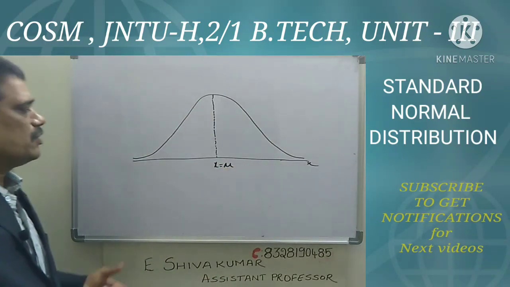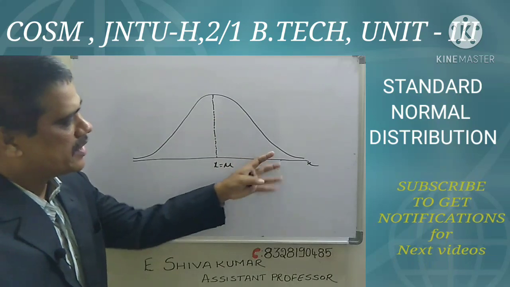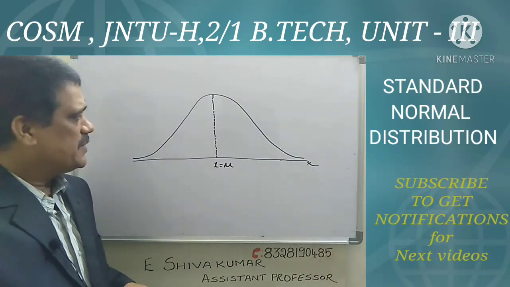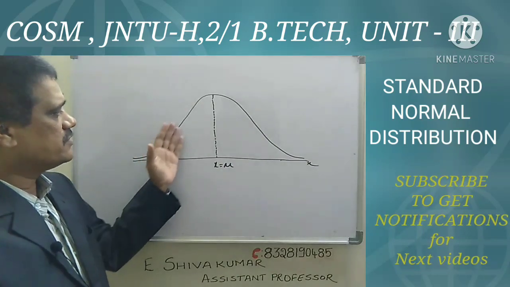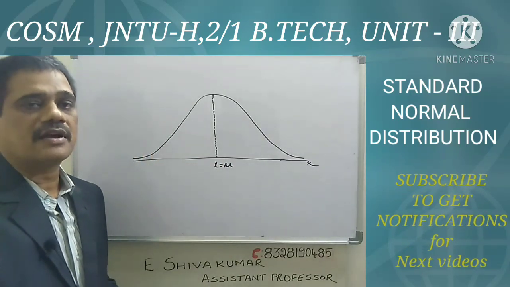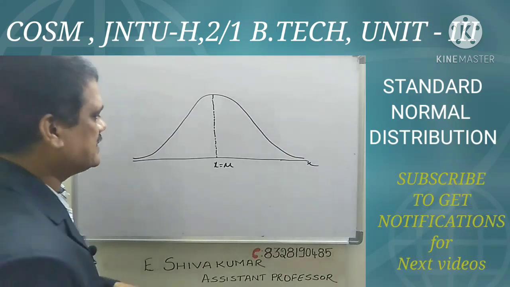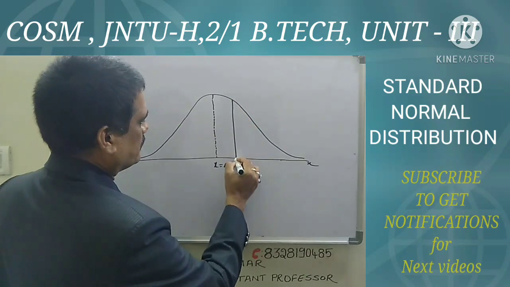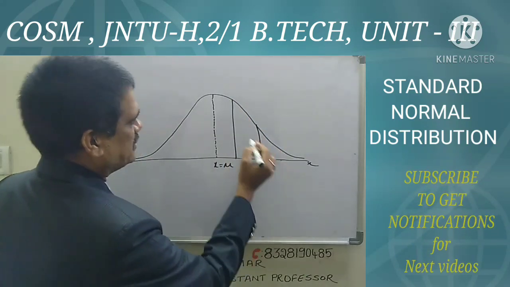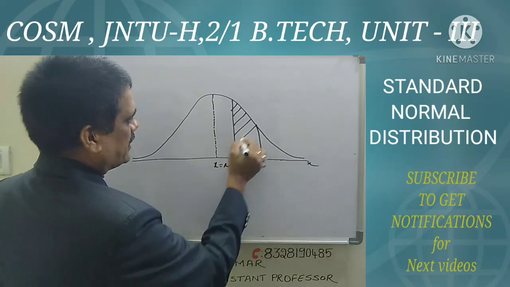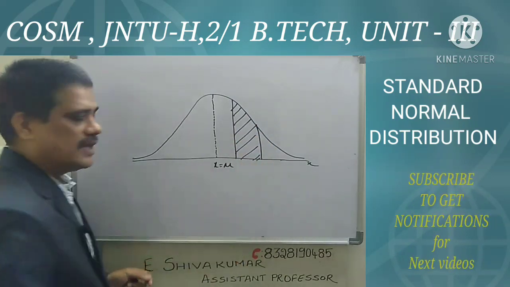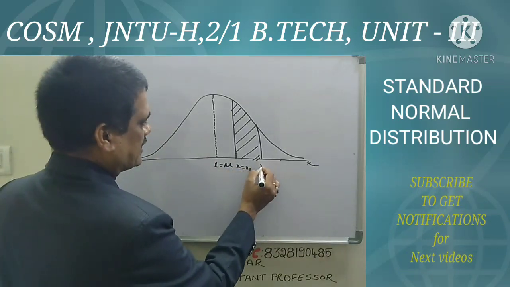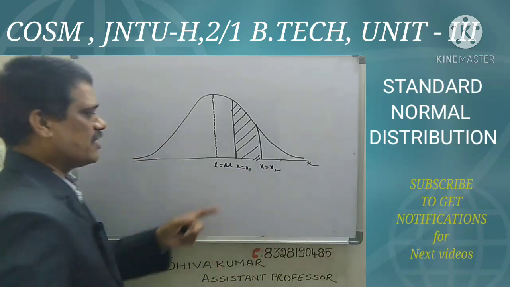We know the total area under this normal curve is unity, which we also proved. That means whatever values you get under this curve are probabilities. For example, I want to calculate the area of this region, between x equals x1 and x equals x2.